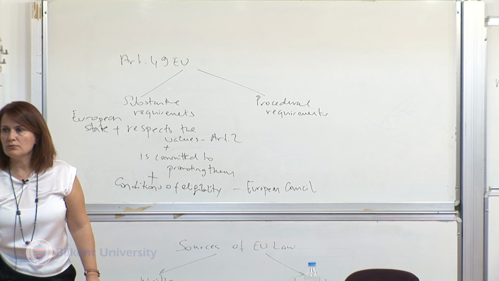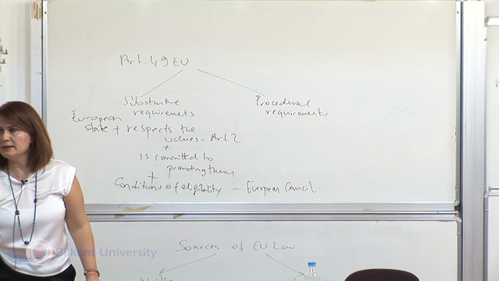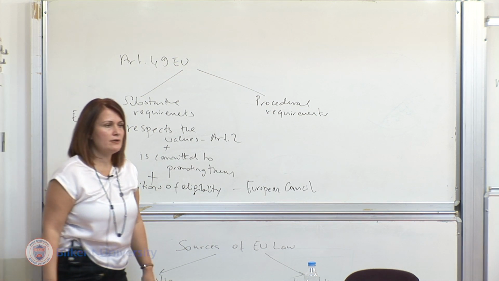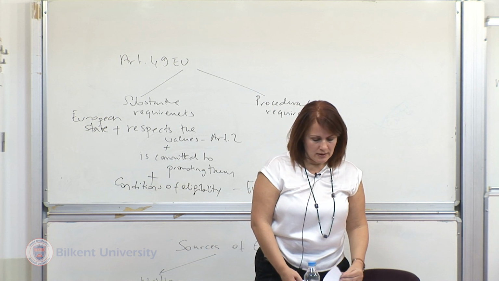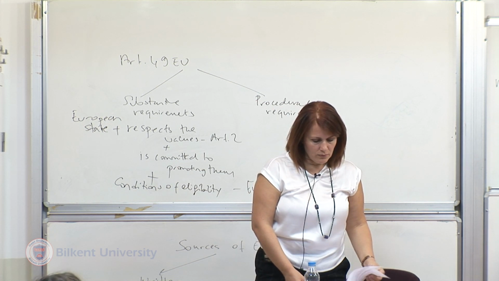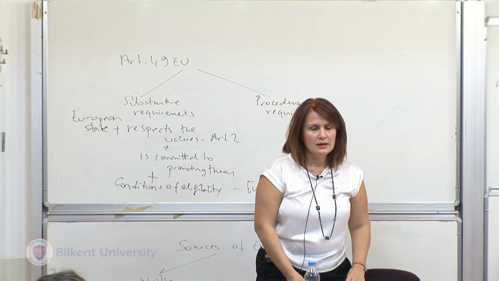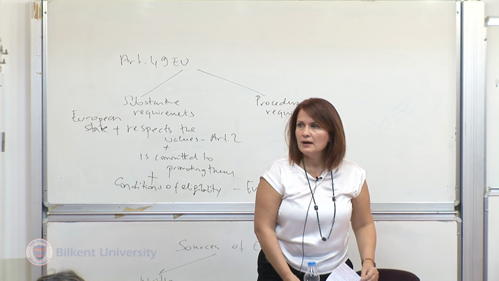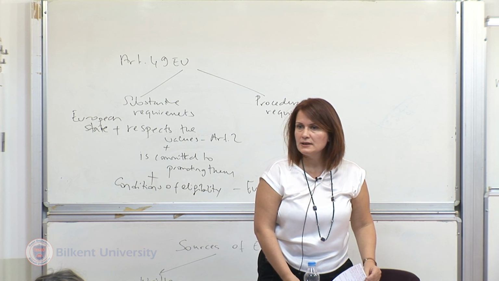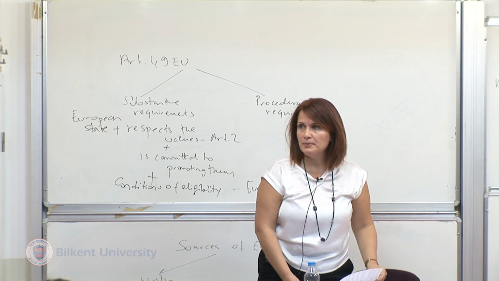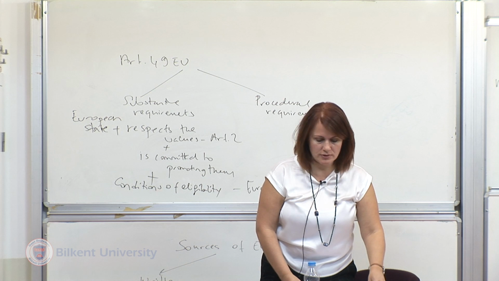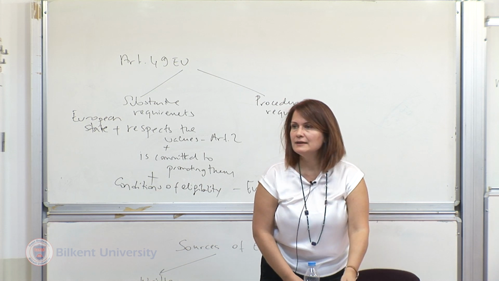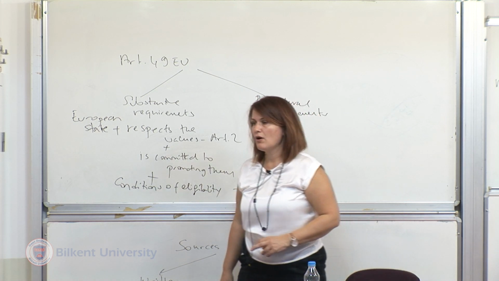Then the question is, what are the conditions of eligibility as agreed by the European Council? We have mentioned that the European Council is the highest political institution of the European Union. I told you that the European Council used to meet in different cities of the member states.